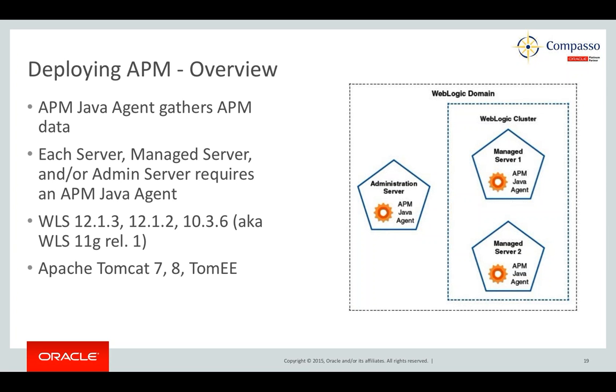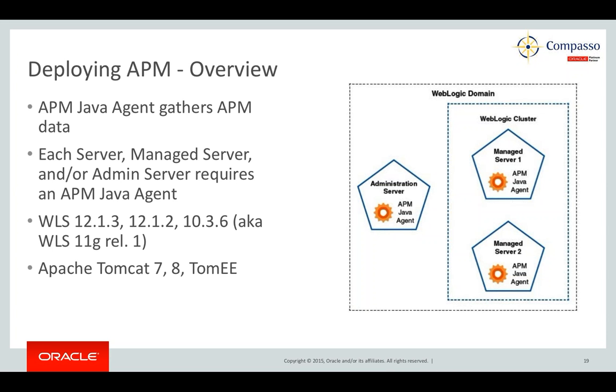Each of these agents has to be deployed inside either your standalone server that you're monitoring, your managed servers, and or admin servers, etc. Each one has one. So if you're looking at, for example, a WebLogic domain that consists of an admin server that's managing all the managed servers, we'll call that mom, or dad, whatever the case may be, out there monitoring these servers, and then you have your individual managed servers.